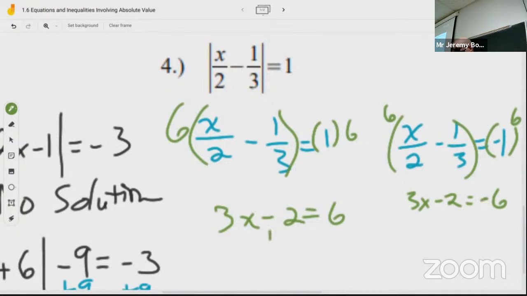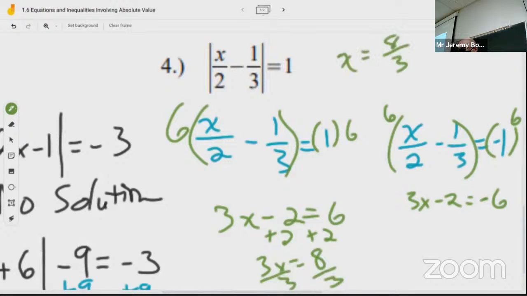Add 2 to both sides, 3x is equal to 8, and divide by 3, so x would equal 8/3. Then for this one we'll add 2, 3x is equal to -4, divide by 3. That's our 2 solutions there.